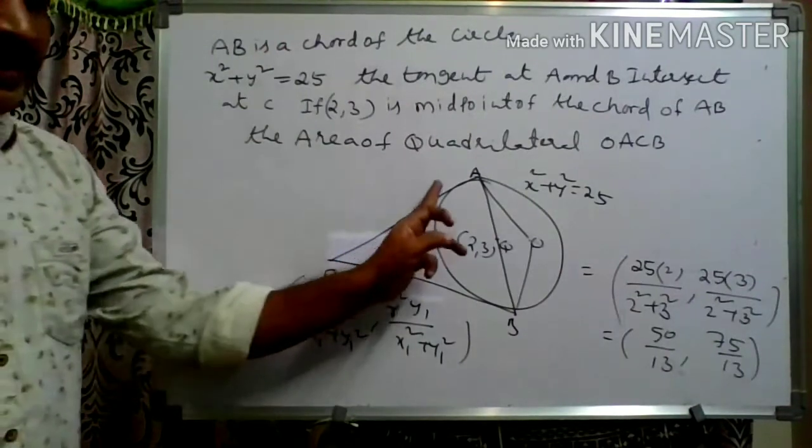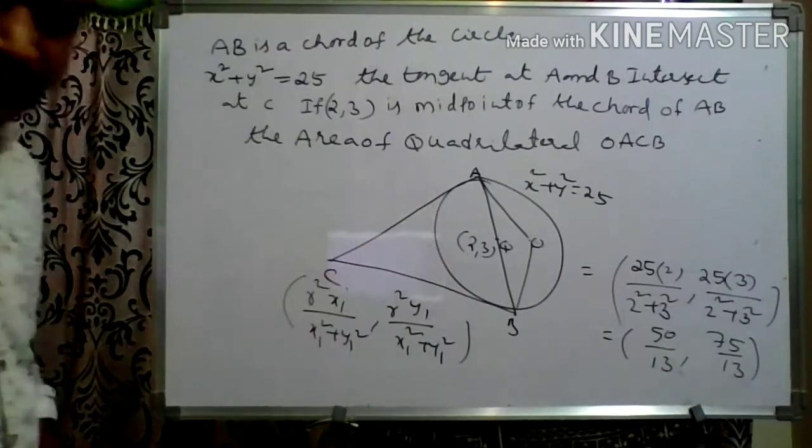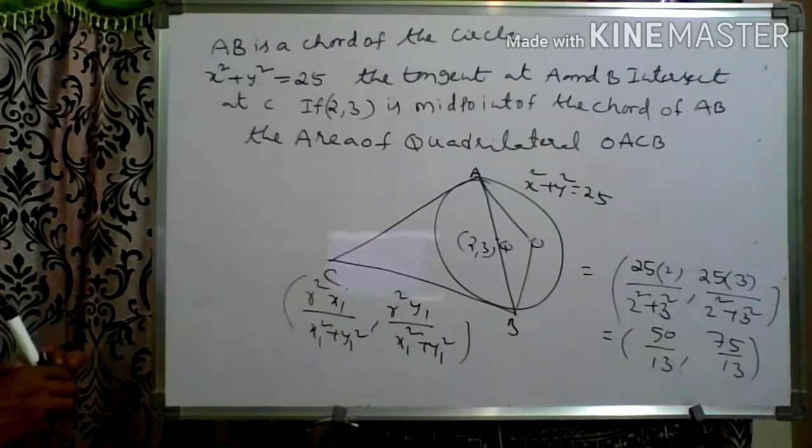Next, the area of the quadrilateral is equal to R into root S11.